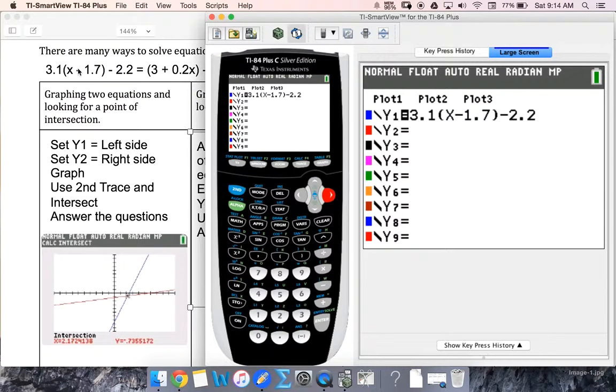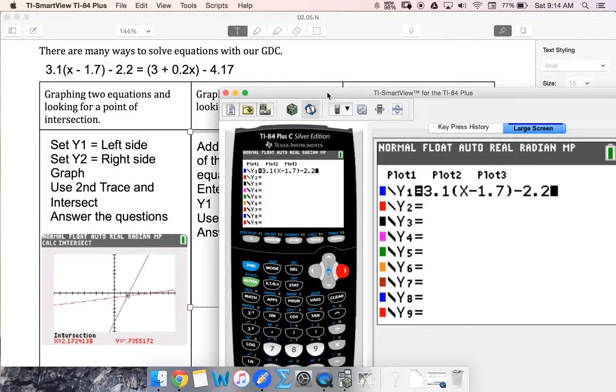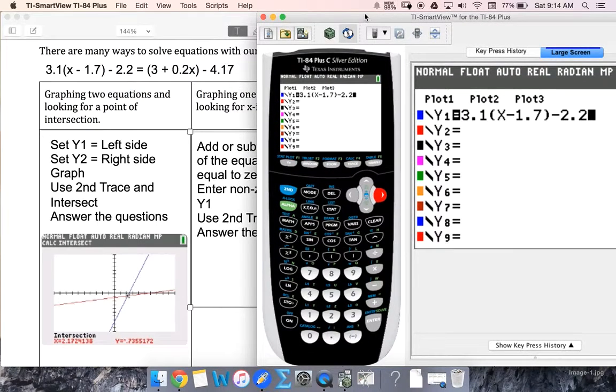Now I'm going to subtract the right-hand side: the parentheses, 3 plus 0.2x, close the parentheses, and now I have to add 4.17 to make 0, so I'm going to add 4.17.